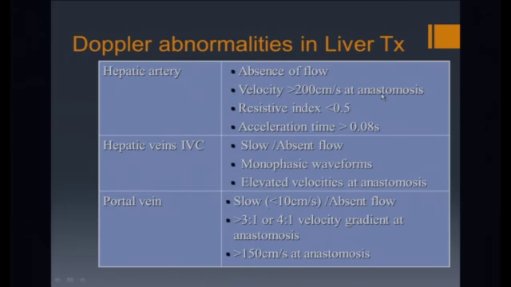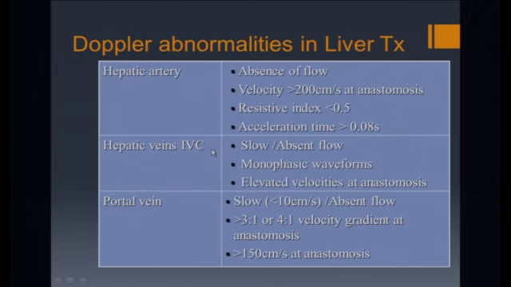Elevated velocities at the hepatic artery anastomosis, low resistive indices of less than 0.5, and an acceleration time of greater than 0.08 seconds or 80 milliseconds can be a sign of hepatic artery stenosis.